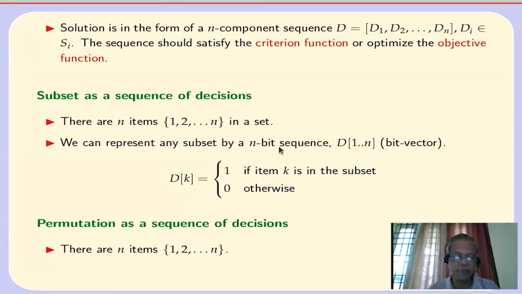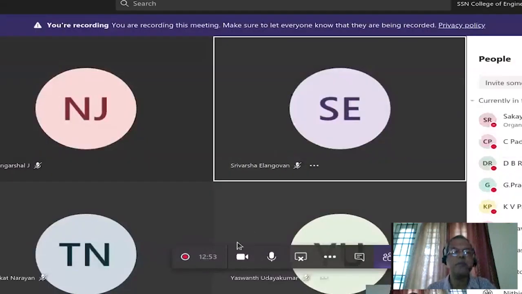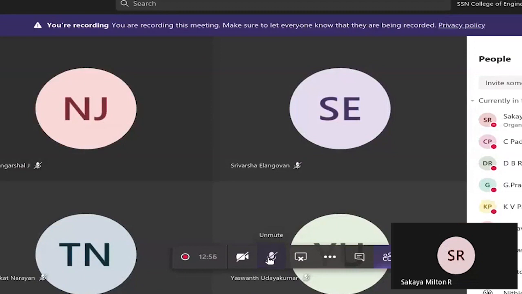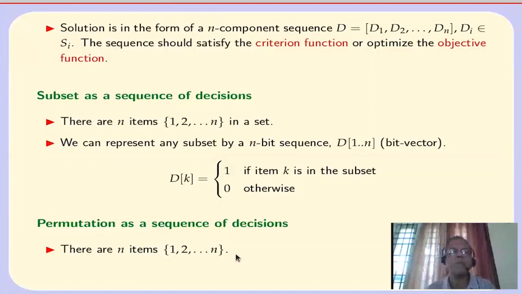As we saw yesterday, this kind of representation of a set is known as a bit vector. It's an n-bit vector.